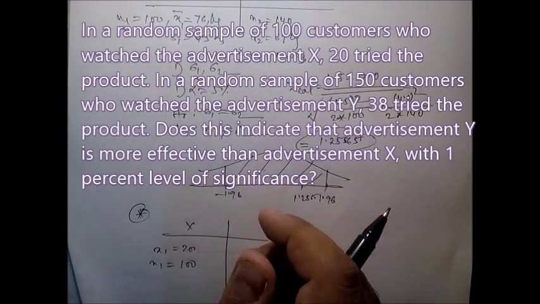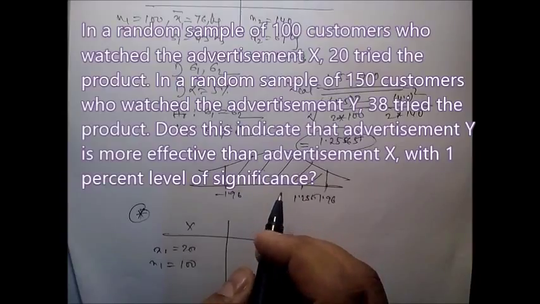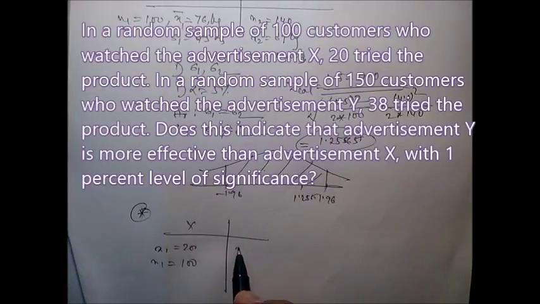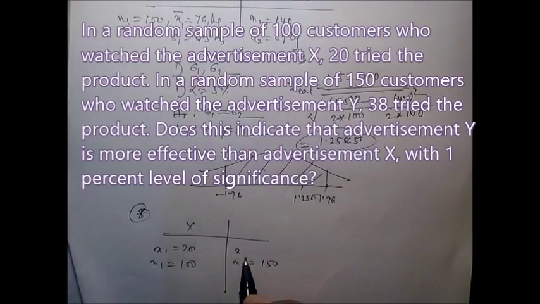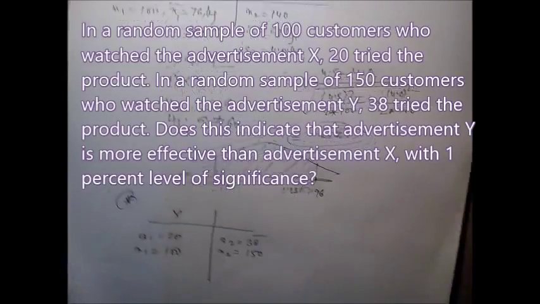In a random sample of 150 customers who watched the advertisement Y, 38 tried the product. Does this indicate that advertisement Y is more effective than advertisement X with 1% level of significance?